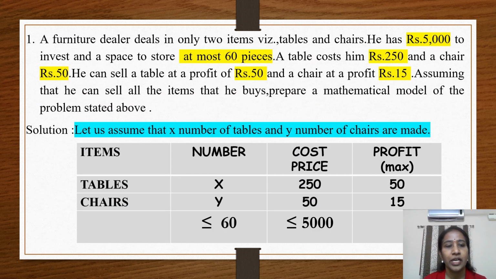I have chosen this furniture dealer problem in the very beginning because this will give you a very clear picture of how to formulate the LPP, and once you understand this, you will be able to formulate any kind of LPP, be it a minimization or a maximization problem, or a problem with two variables, three variables, two constraints, or three constraints. Now, most of us find this word problem very difficult.